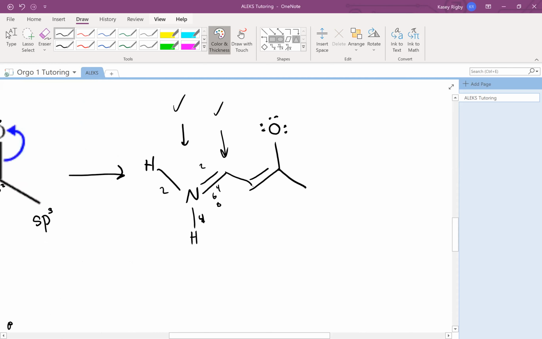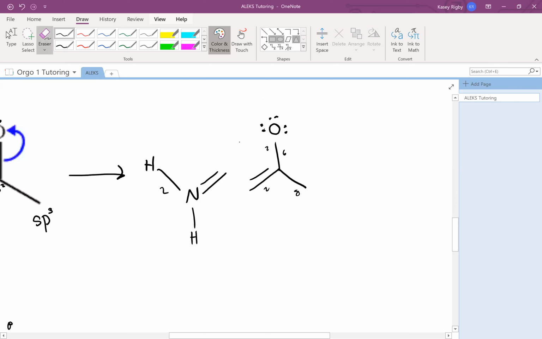And then here, we look at this carbon, it has 2, 4, 6, 8. We're good. This oxygen has 2, 4, 6, 8. And this carbon didn't change, so we can just assume that it's okay. Okay? So this structure is possible, but we're not done drawing it. I just wanted to make sure that it was possible before we moved on.